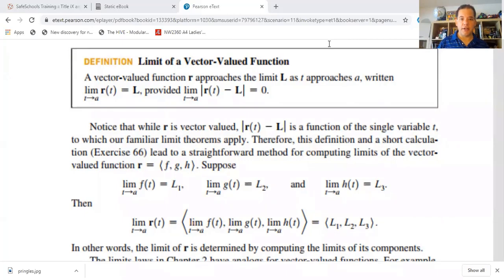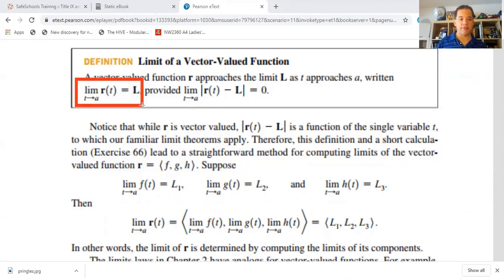So we say that a vector valued function has a limit of L. So one vector approaches another vector. So we write it like so, right?